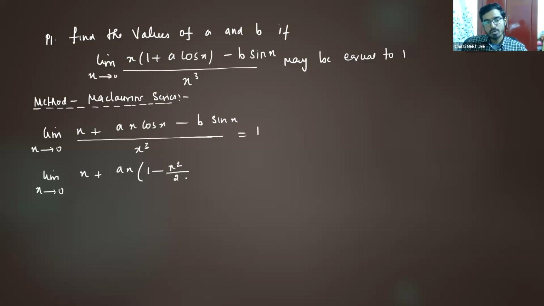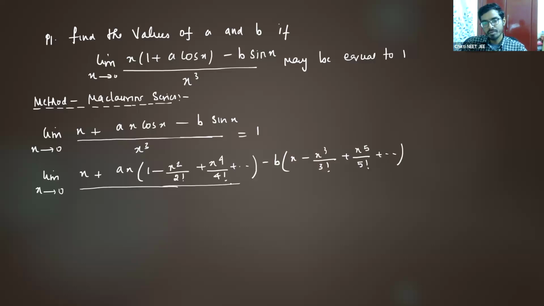So it is 1 minus x squared by 2 factorial plus x power 4 by 4 factorial and so on, minus b into, you just apply the series for sin x. So x minus x cube by 3 factorial plus x power 5 by 5 factorial and so on, whole divided by, very, very important step.